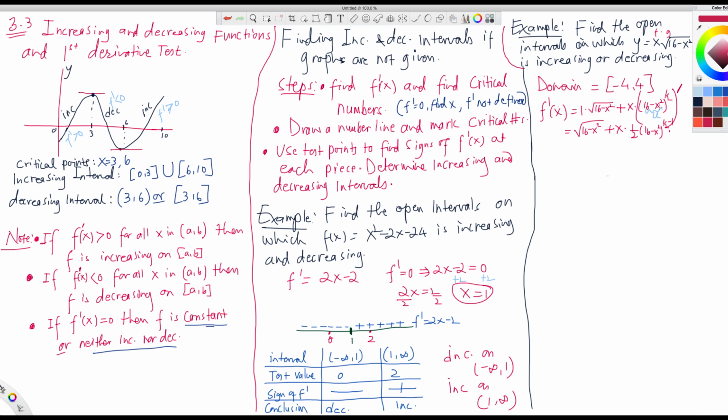What is u prime? u is 16 minus x squared, so the derivative is 0 minus 2x, which is negative 2x. That's what you get. And this 2 divided by 2 will be just 1.